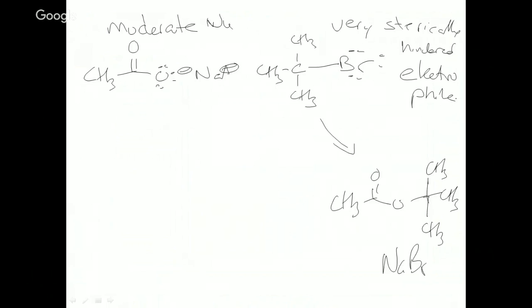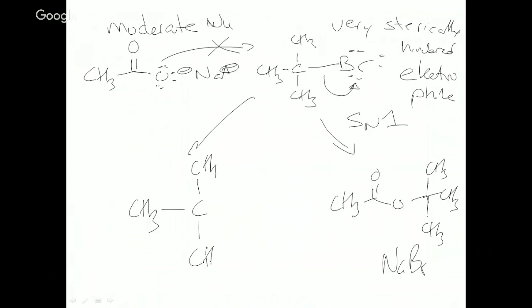So, a very sterically hindered electrophile. And what that means is this can't get in there. What we drew for the SN2 is not true for the SN1, but what can happen is that this can leave. So bond breaking is much faster than initial bond making, and you form a carbocation, which I said is the most important intermediate, plus Br minus.